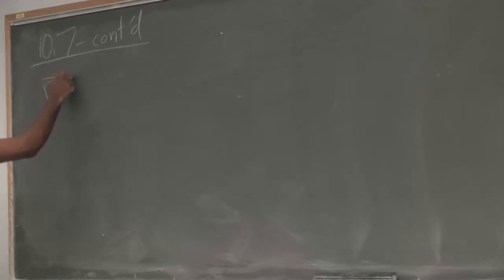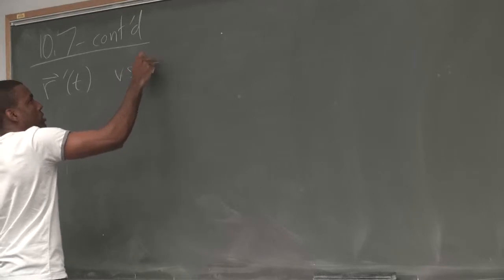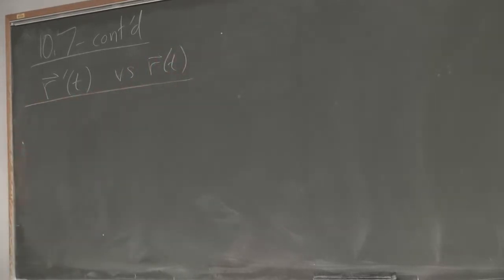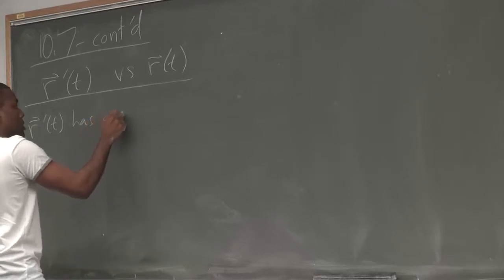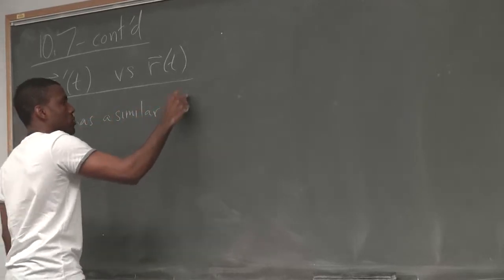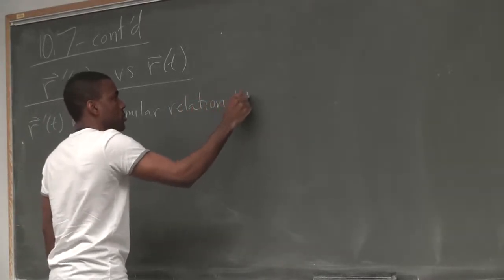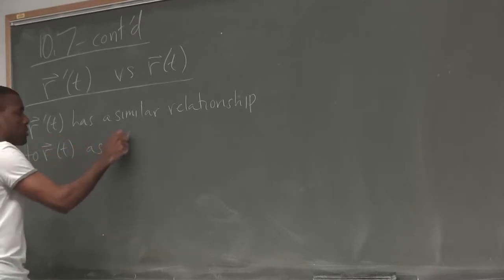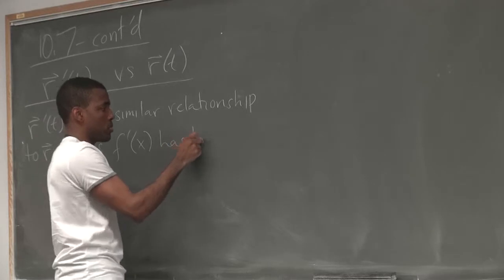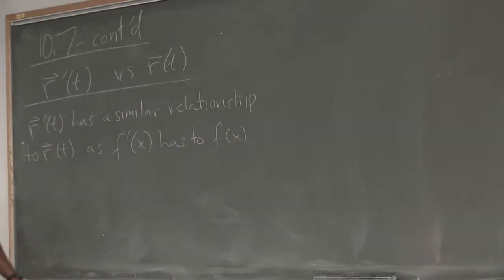Now let's look at r prime. f prime gives you the slope of f, which tells you if it's increasing or decreasing, gives you a general direction of where the curve is going.